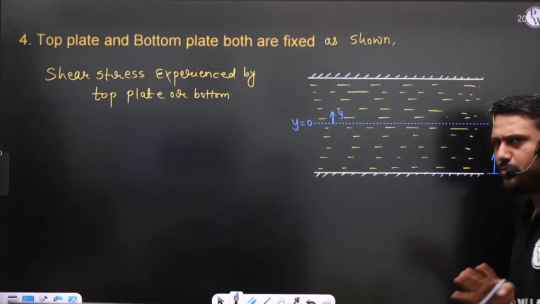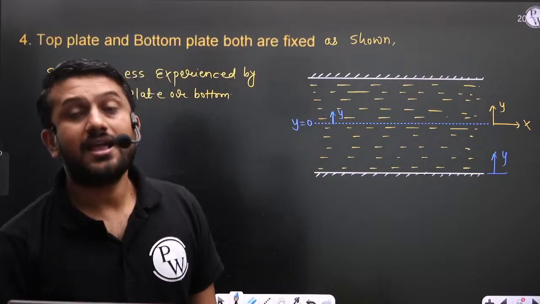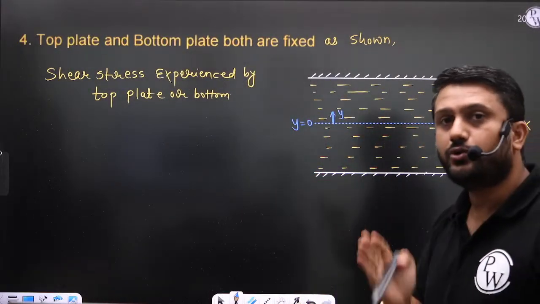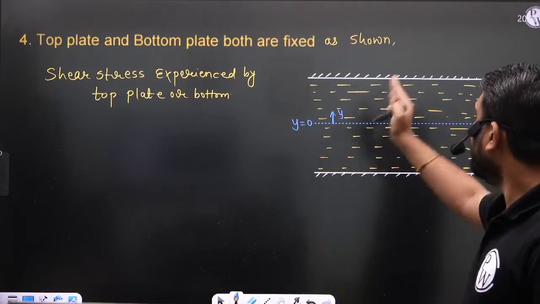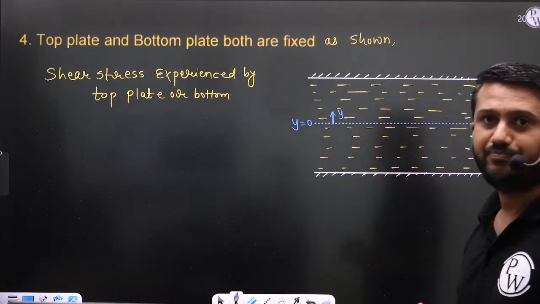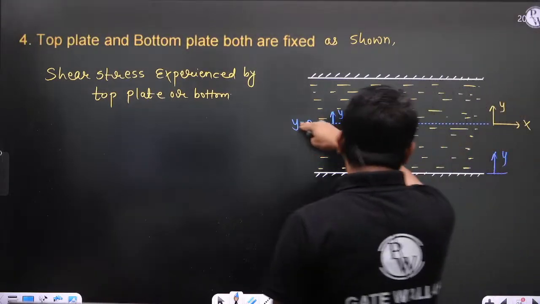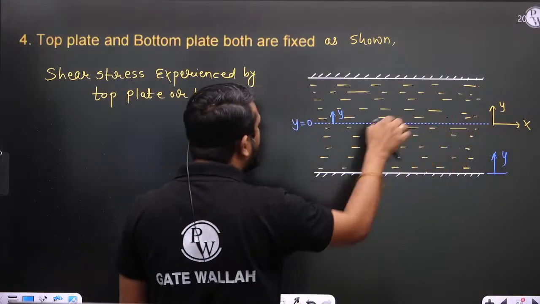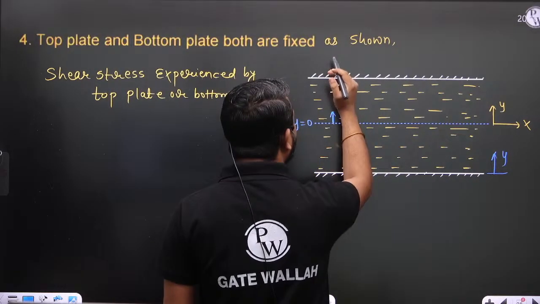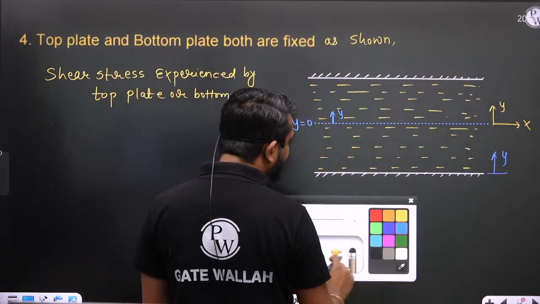We can take it, no problem, but I want to take advantage of the symmetry that is present in this problem. That's why I'm taking the center line as a reference. So y is equal to 0 at the center line. Above is positive, and below, let us consider, is negative.